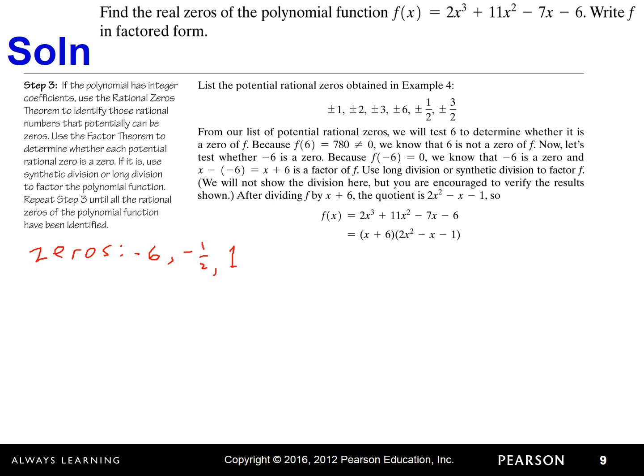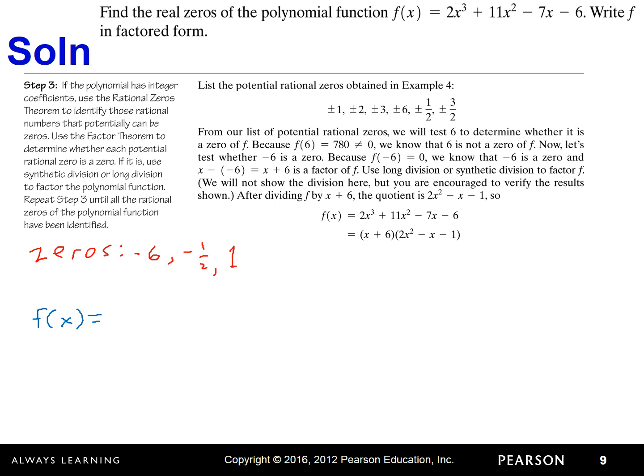And so what we're going to do is use the factor theorem, which tells us that if a number is a 0, then x minus that number is a factor. Remember that? If f of c equals 0, that is true if and only if x minus c is a factor of f of x.